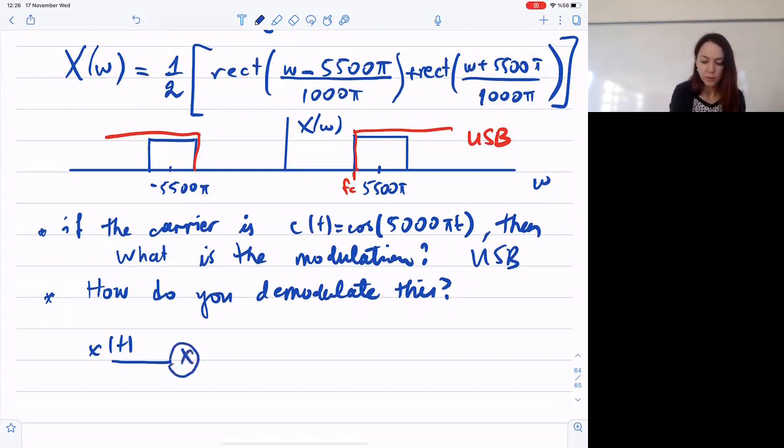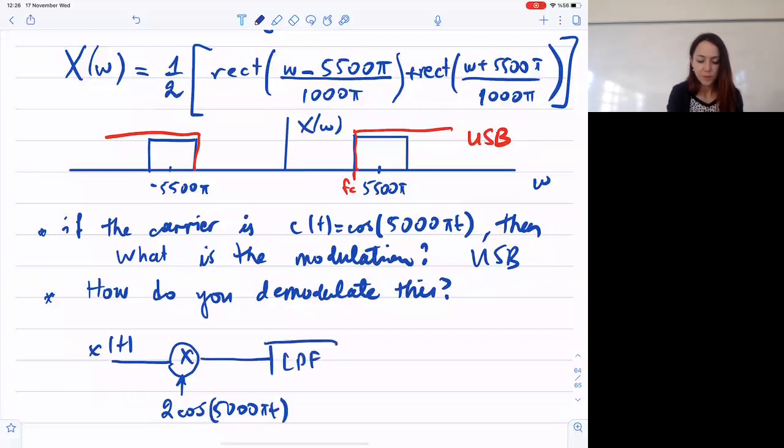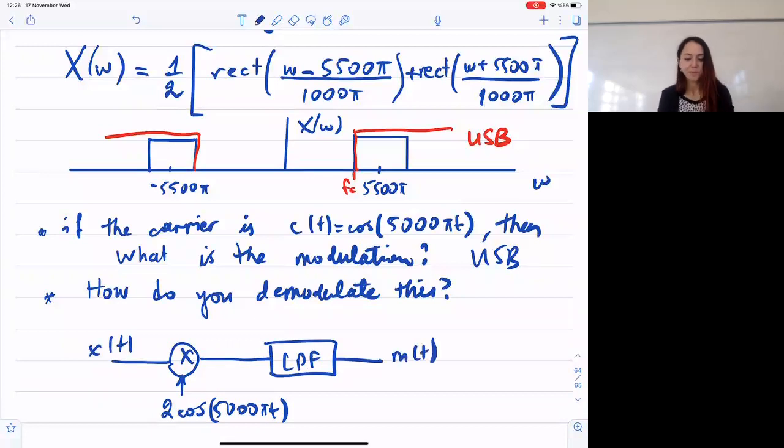So twice cosine(5,000 pi t), and then low pass filter, and the result will be m of t. Any questions?